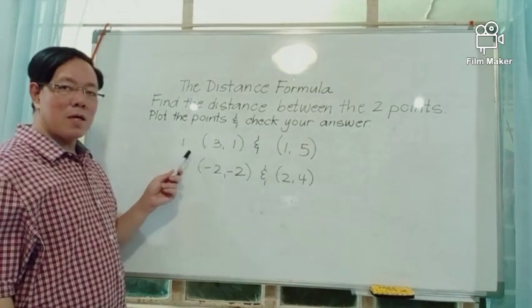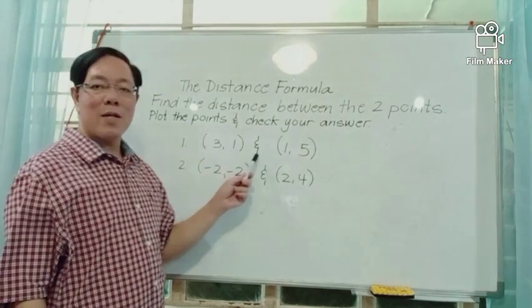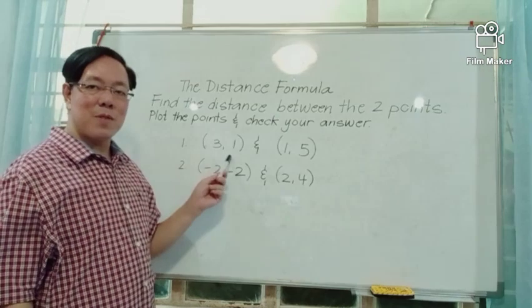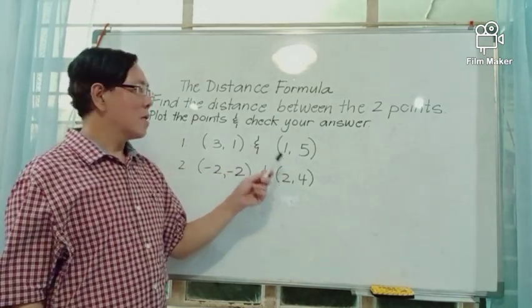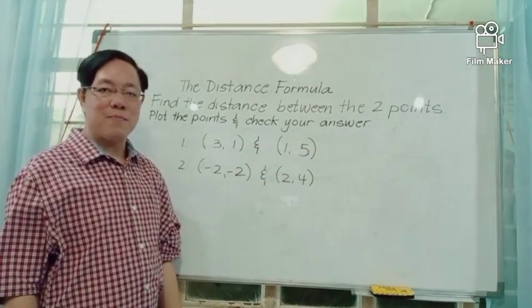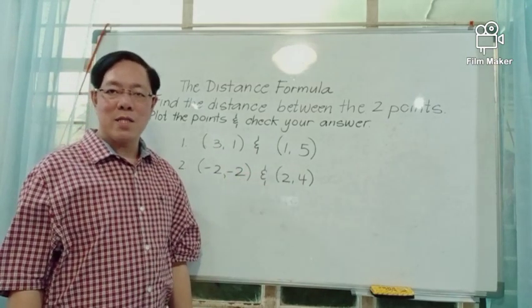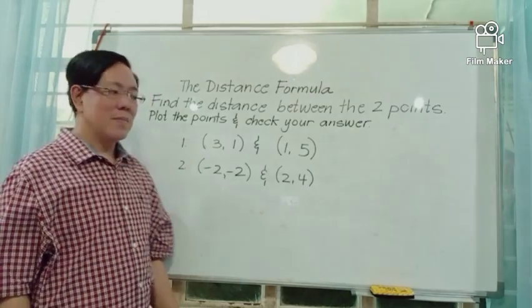In number 1, the 2 points are 3, 1, and 1, 5. You will get the distance between these 2 points using the distance formula, and you will check your answer by using graph. You plot the 2 points, construct the right triangle, and apply the Pythagorean theorem.